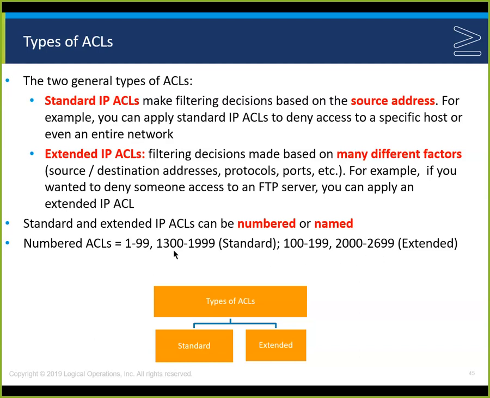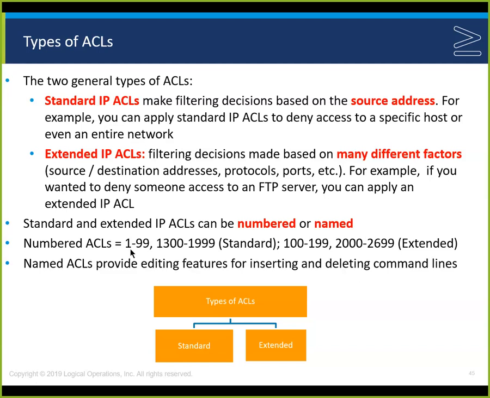The extended ranges are 2000 to 2699, 1300 to 1999 for the numbers, as well as 1 to 99 and 100 to 199. Named access control lists provide editing features for inserting and deleting command lines. Again, we can use the numbered or the named.